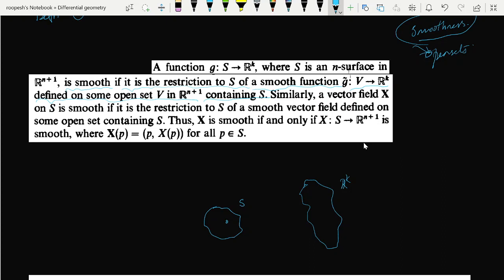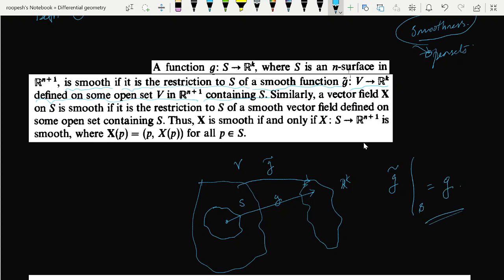We cannot draw R^k and all, right? So from here to here we are defining your g, and we are saying that this g is smooth. So g is smooth means that there exists an open set V, and from this V to R^k we have got a function called g tilde, such that g tilde restricted to S is nothing but your g.